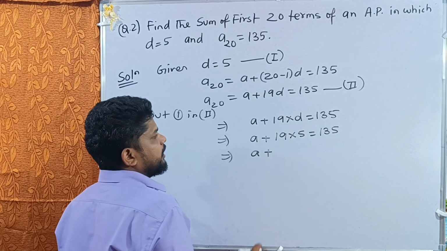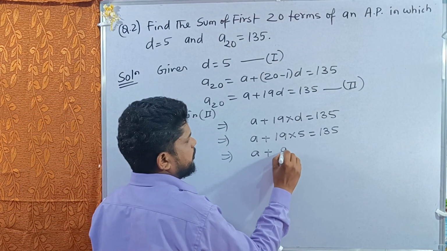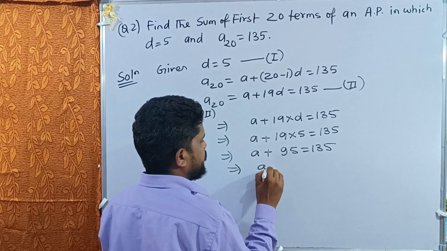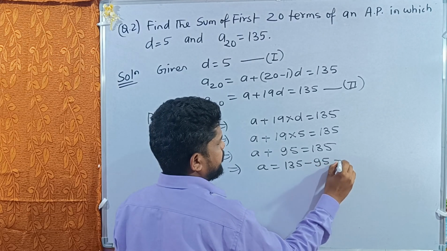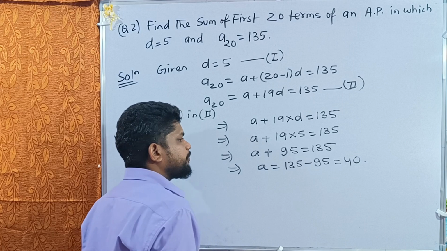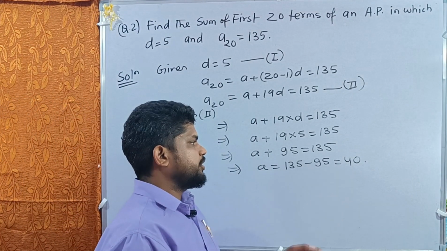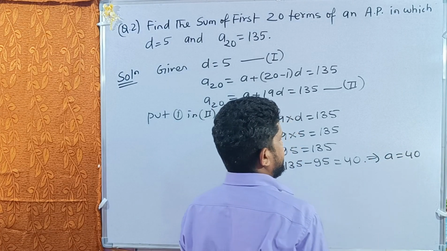Here 19 into 5 is 95. So a equals 135 minus 95, which is 40. So the value of the first term a is 40.